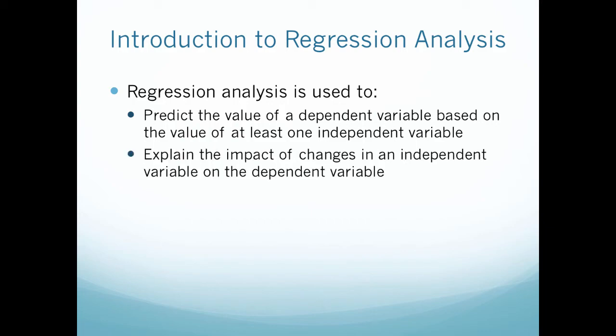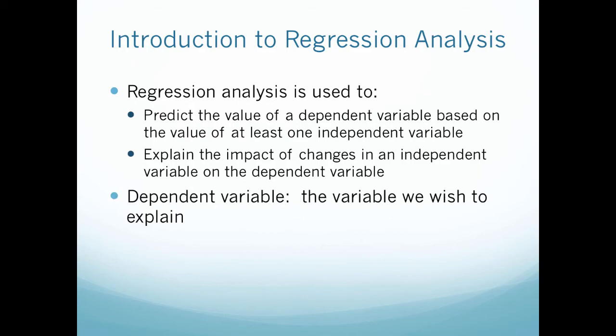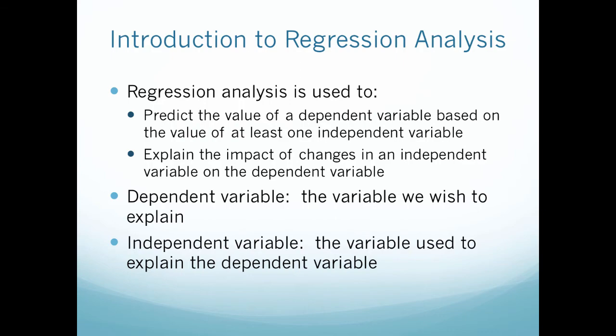So here we also then will use it to explain the impact of changes in an independent variable on the dependent variable. So the dependent variable is the variable we wish to explain, and here that's always going to be your y value, and my independent variable then is the variable used to explain the dependent variable. That then is going to be my x value.